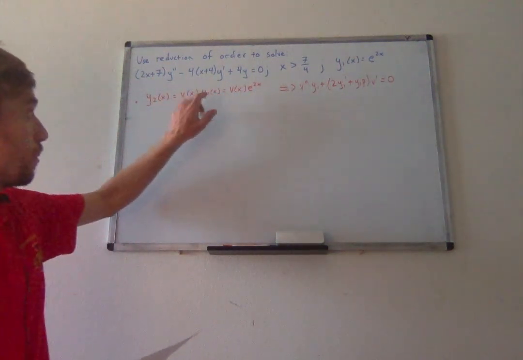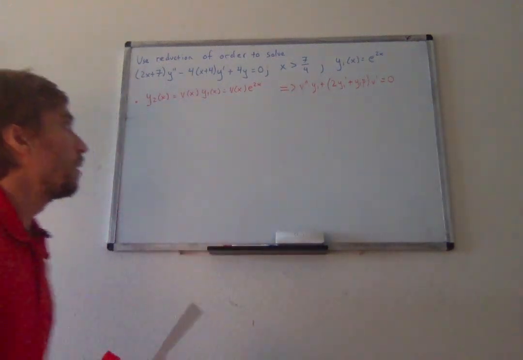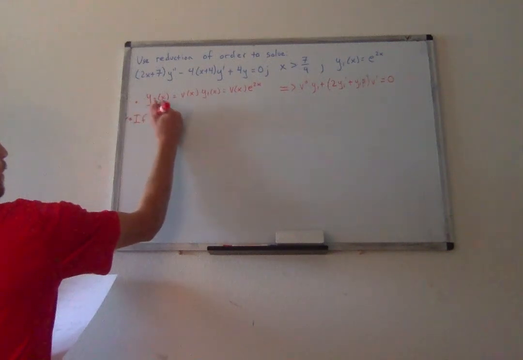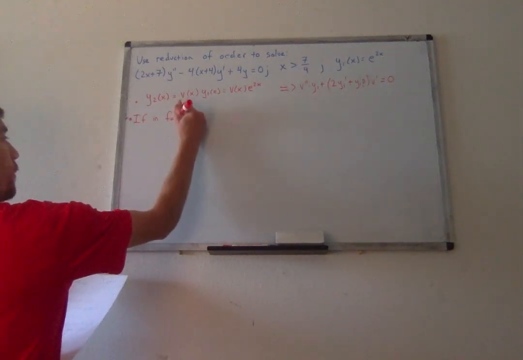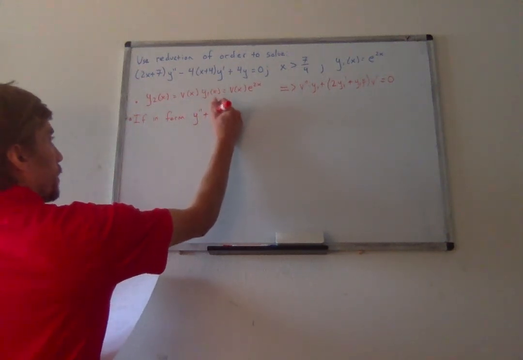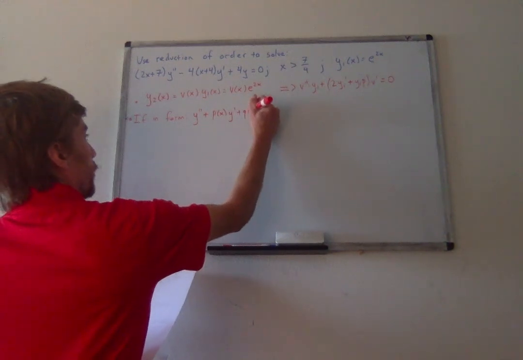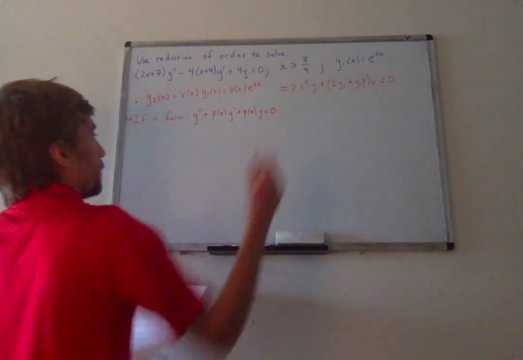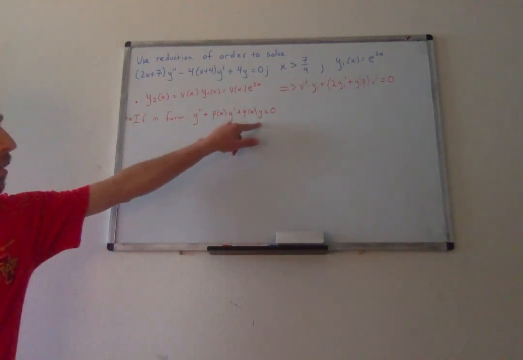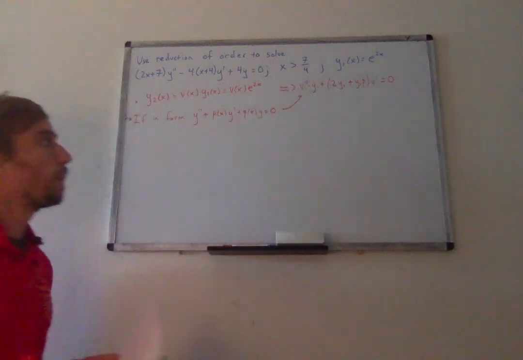All right, so we can transform our equation into this equation, but only if it's in the following form: y double prime plus p of x y prime plus q of x y is equal to 0. So if we have an equation of this form, we can then transform this into this.